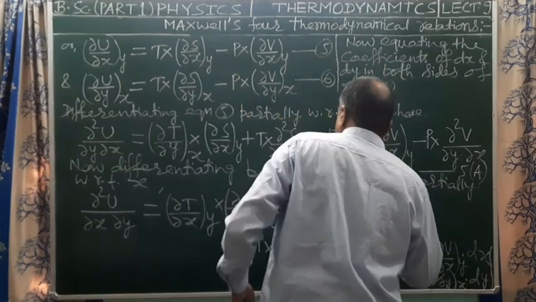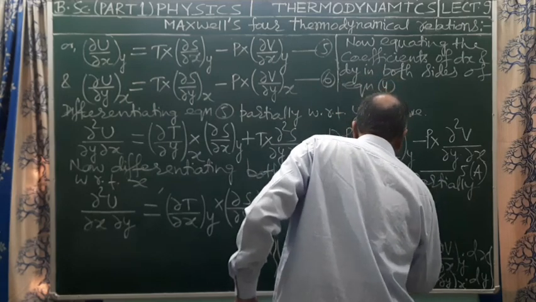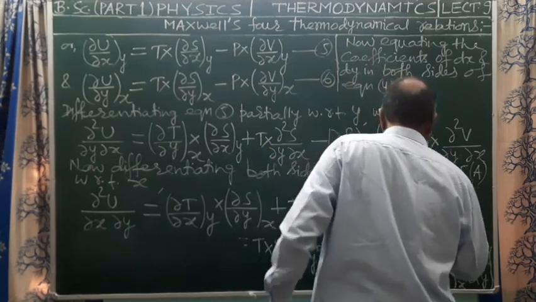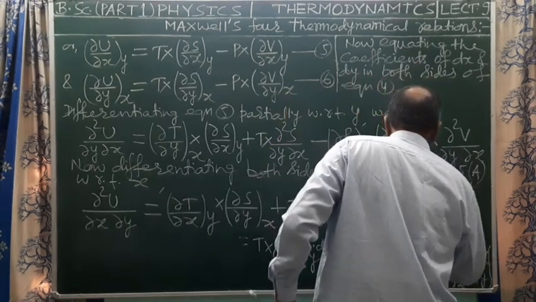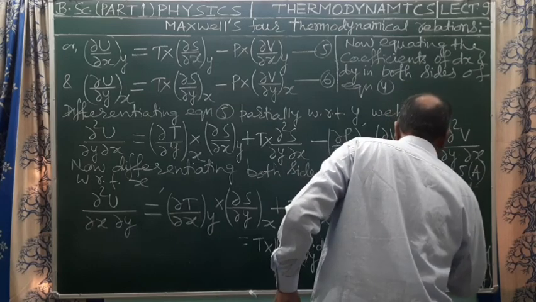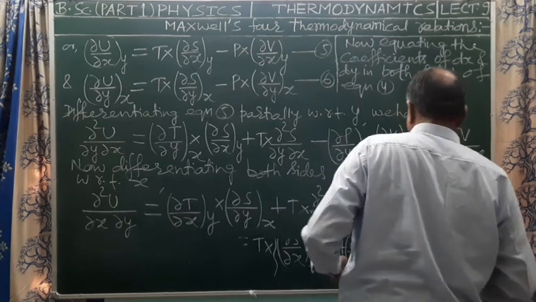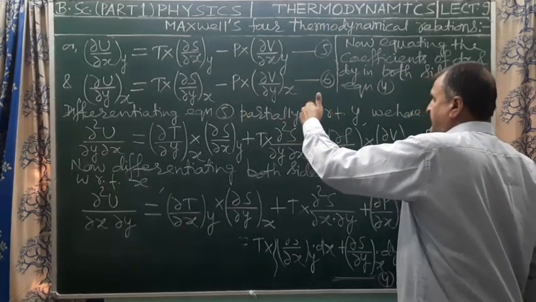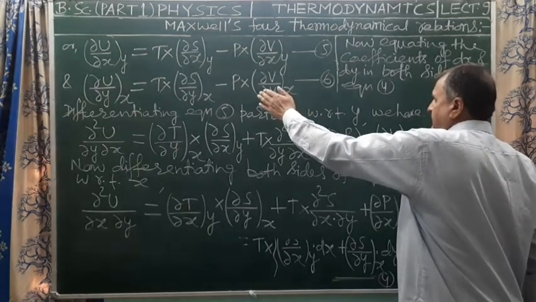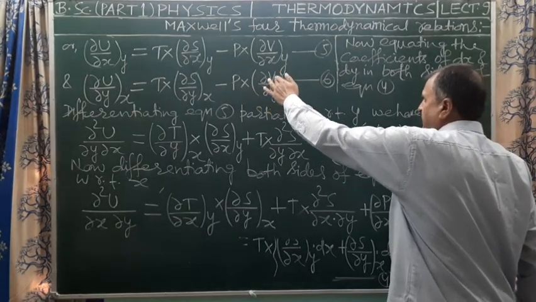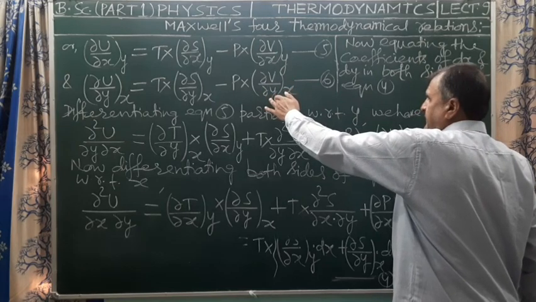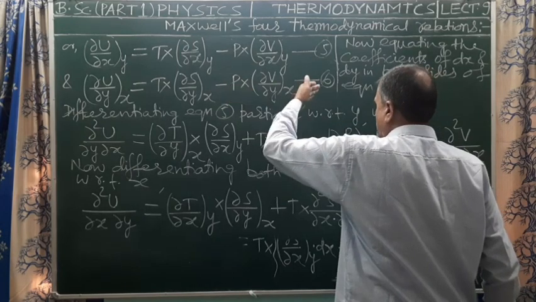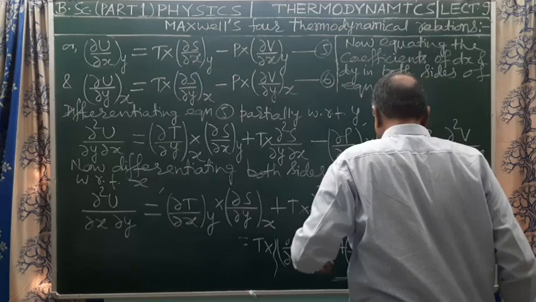So it is plus, first term is del p upon del x at constant y multiplied by, second term remains constant, del v upon del y at constant x, and now second term will be positive in the next step, plus now keeping p as constant and differentiating del v upon del y with respect to x. But minus is before this second term of equation 6. So we have plus minus minus.